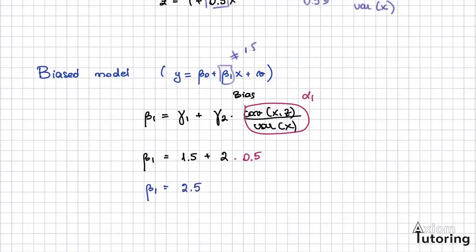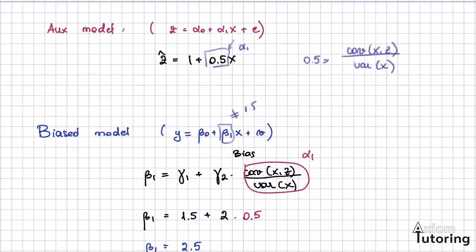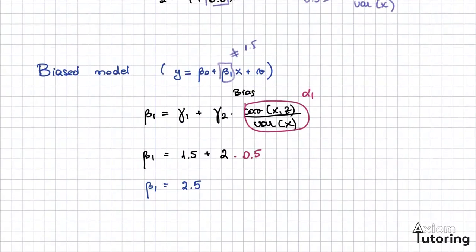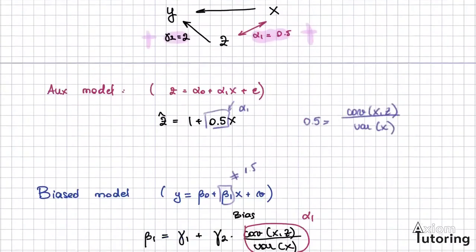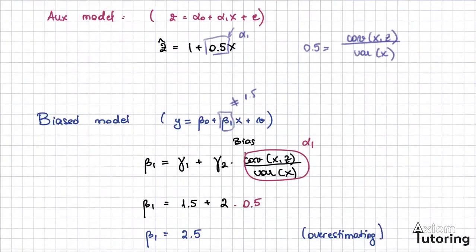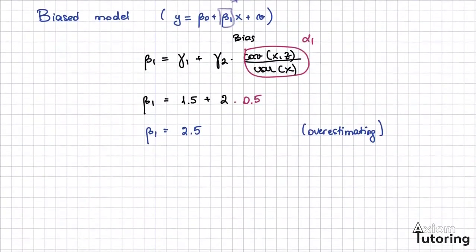The true effect was 1.5. The moment that we omit this z variable, beta 1 shows to be 2.5, which means we are clearly overestimating. We already knew that we would have overestimated it based on the signs of the two coefficients. Now we also know by how much: by 1 unit.